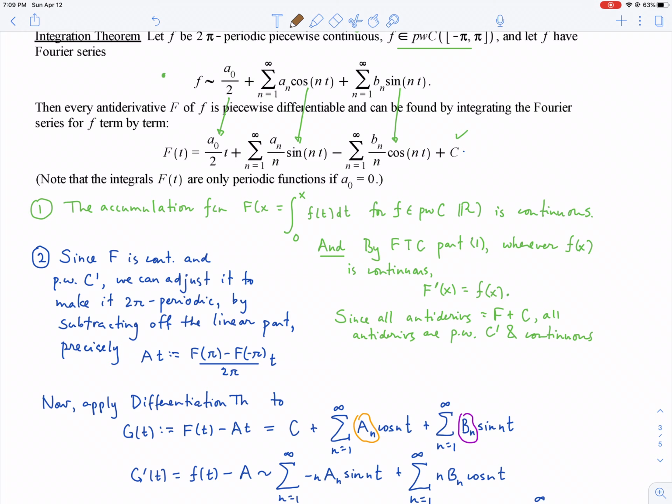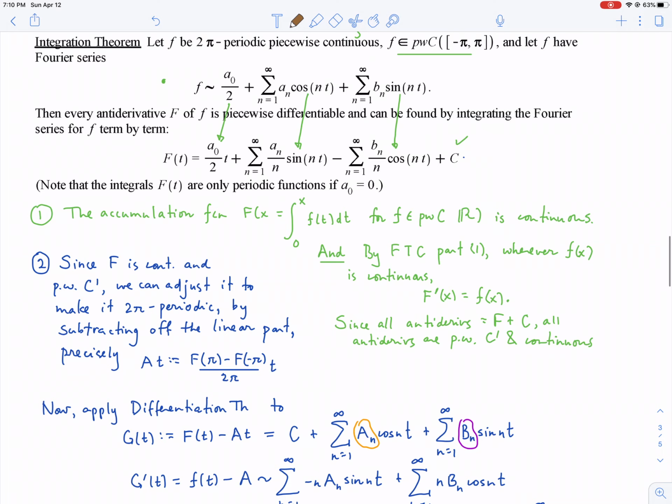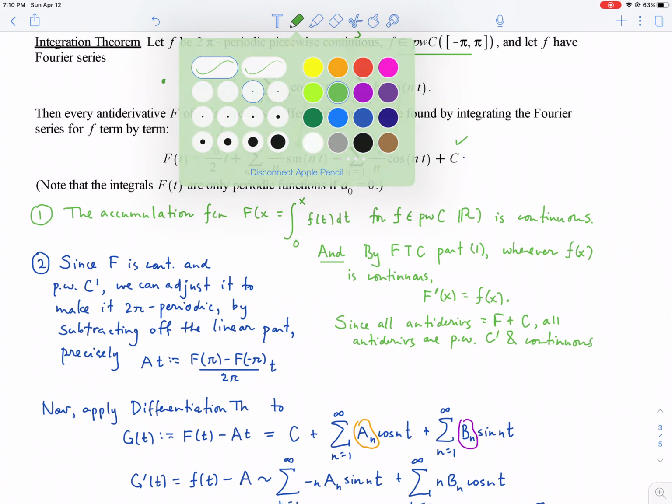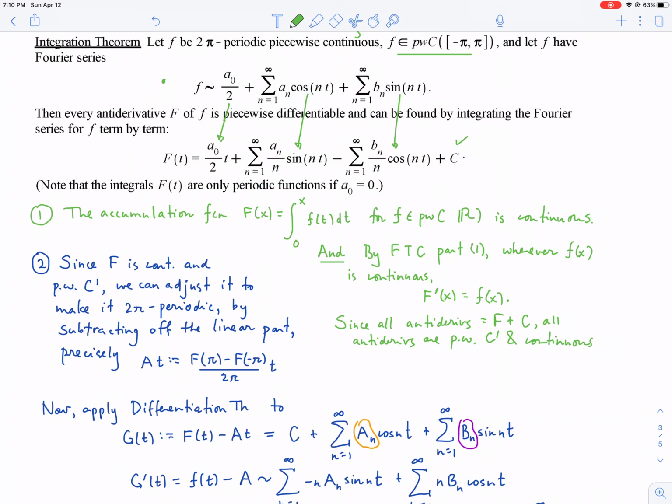So the first point is that because little f is piecewise continuous, the accumulation function, which you remember from calculus, how much little f accumulates between 0 and x, that's capital F of x, that's going to be continuous, because when you change the little x a little bit, the integral is not going to change very much because little f is piecewise continuous and bounded.